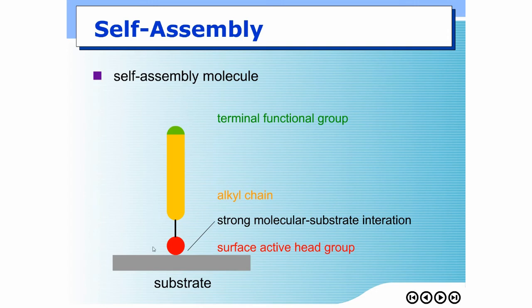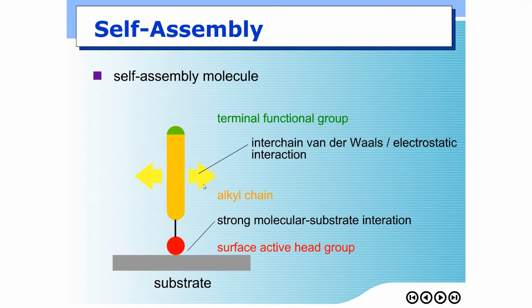So the molecules that you need to put on the substrate should have the function according to the application that you want to use. You may have interchain van der Waals or electrostatic interaction between R chains here, so that you have maybe cross-linking between molecules, but it's not necessary.